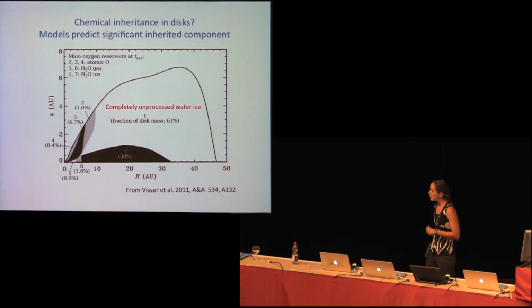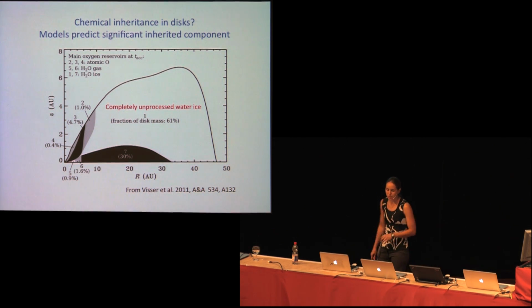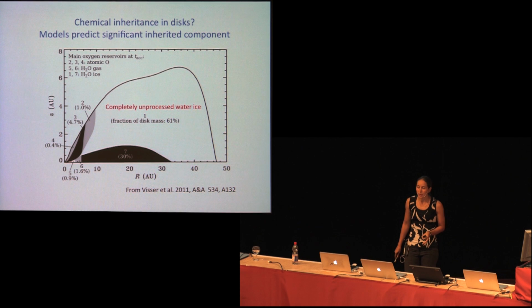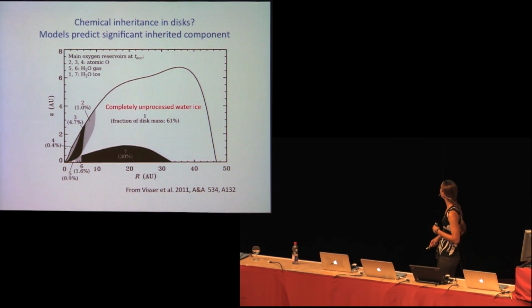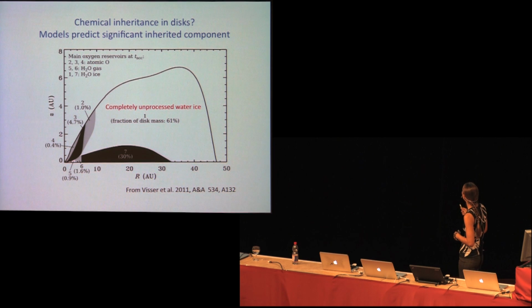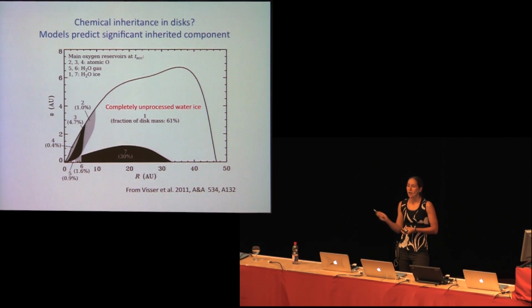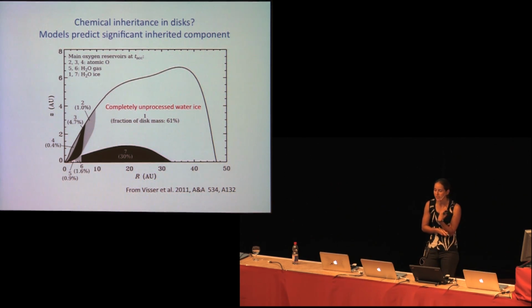Well, I would say that we don't know yet from observations, but models do predict a significant inherited component. In fact, we heard a little bit about this already from Ruud Visser this morning, and his models followed parcels of material from the cloud to the disk and asked how much were they processed.